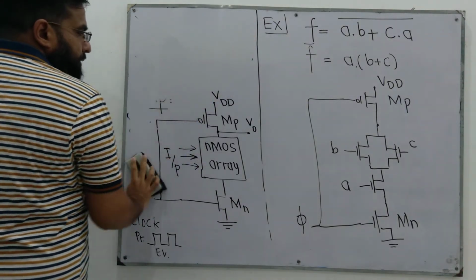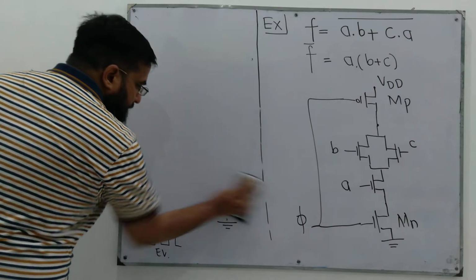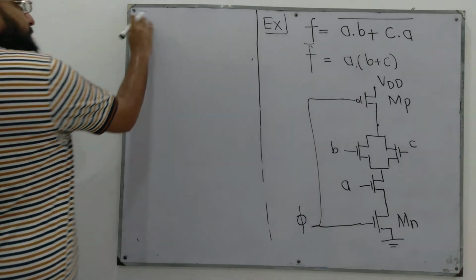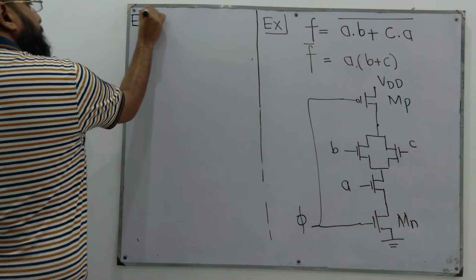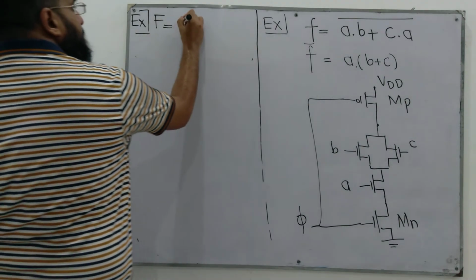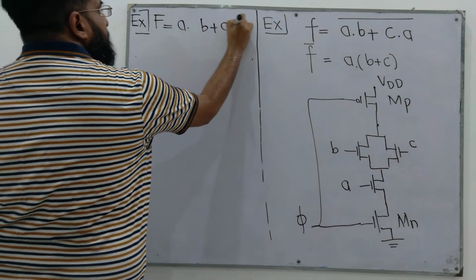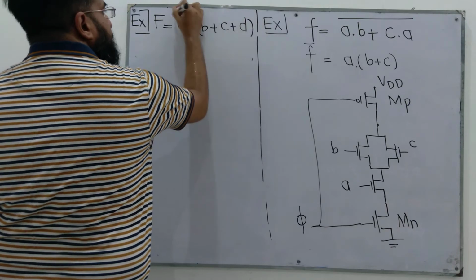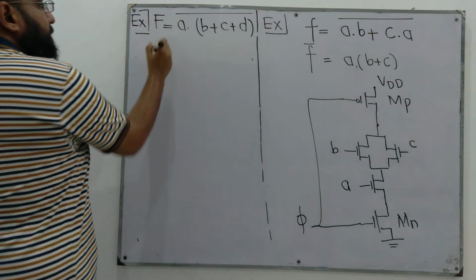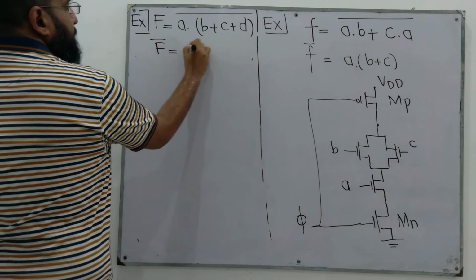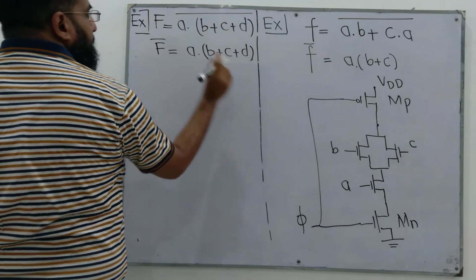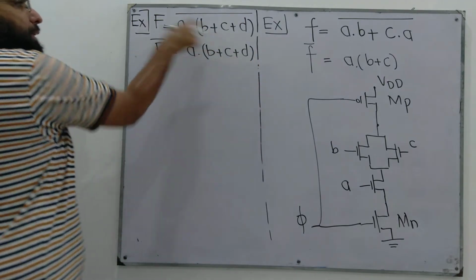The second circuit is the implementation of this Boolean expression. Capital F is A and B or C or D. So we have to implement only the NMOS array, for which we implement its complement.